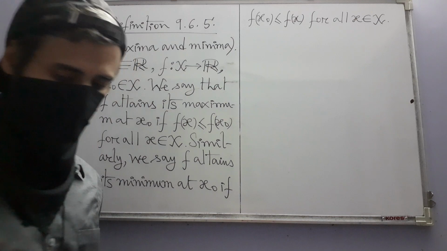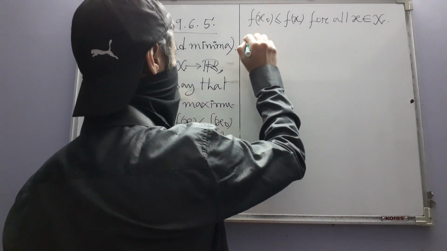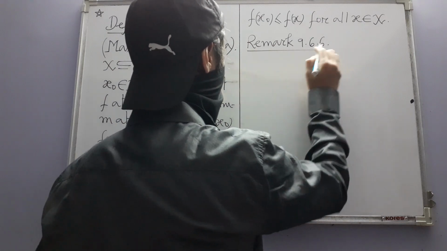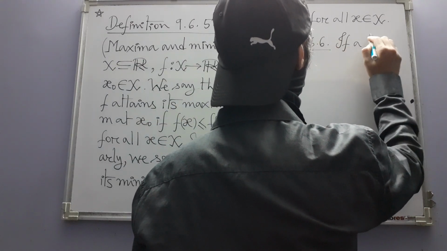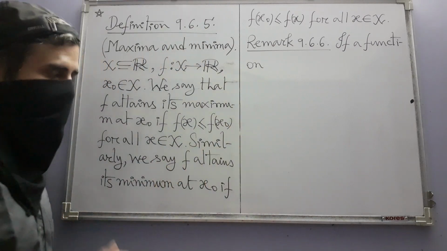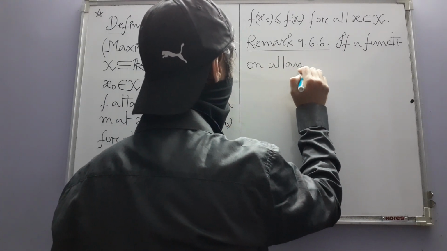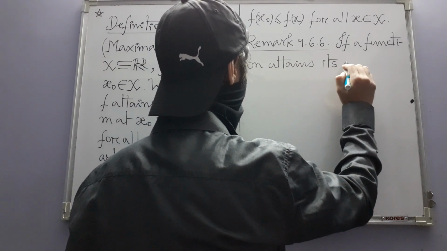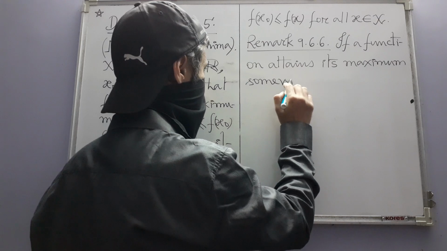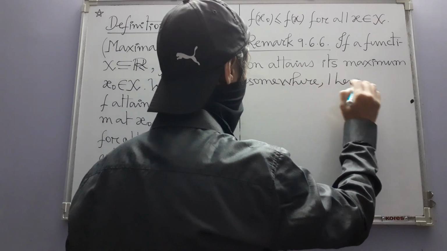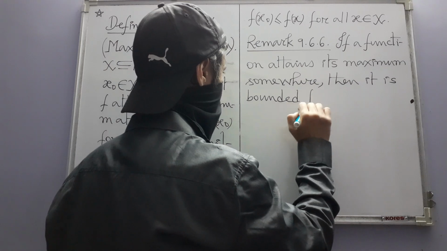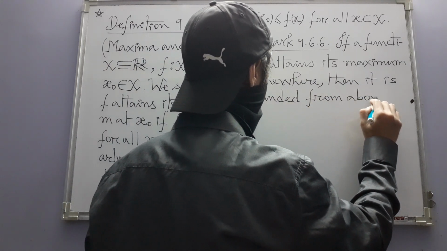Still the author asks why, and the remark is just this: if a function of the type that we are considering attains its maximum somewhere, then it is bounded from above.